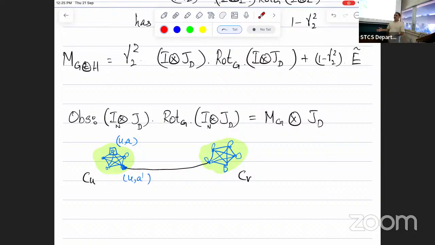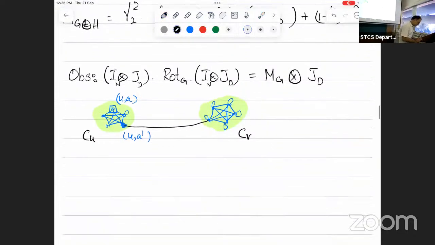What happened in this entire operation? All you did was you took a random neighbor of U in the graph G. That was your first coordinate, and the second coordinate was completely random. That's the same thing as what M G tensor JD is supposed to do. So as actions, these two do the same thing. There are multiple ways of convincing yourself of this; this is perhaps what I think of as the easiest.